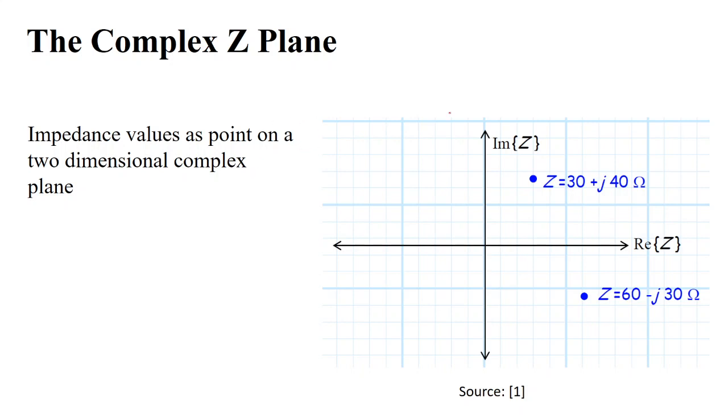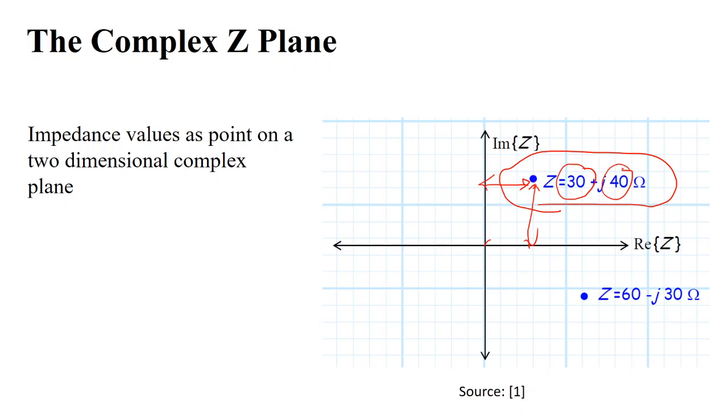You have, for example, an impedance. This is the resistive value of this impedance, and this is the reactive value. So this is a point here. This is the imaginary axis, and here you have the real part. From here to here you get the resistive component, and from here to here you get the reactive component.